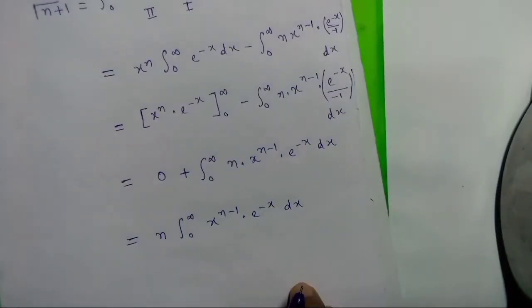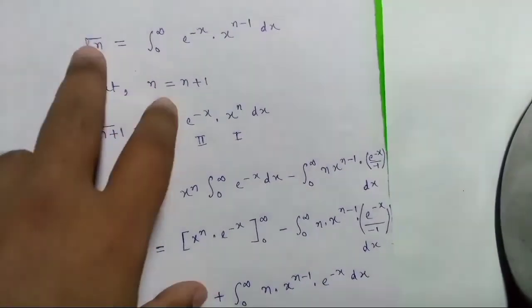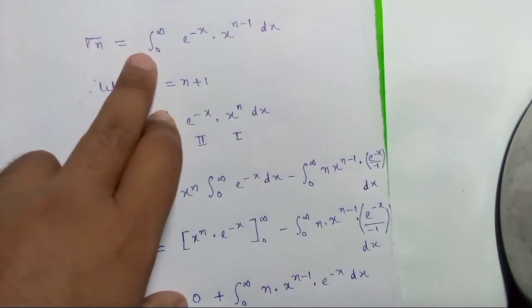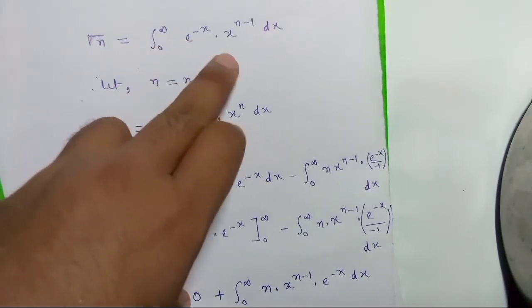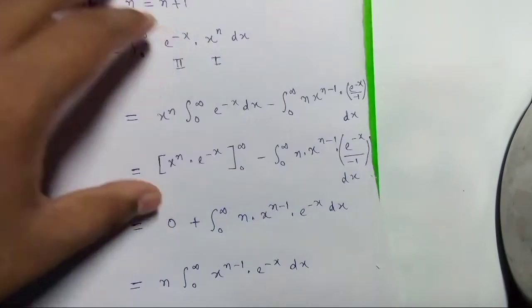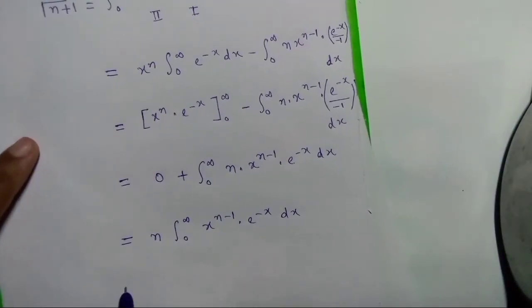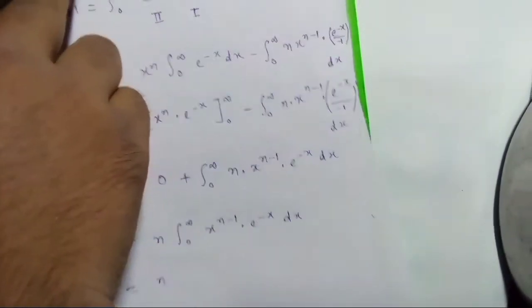Now here the definition comes in. Earlier we considered gamma of n equal to the integral from 0 to infinity of e to the power minus x, x to the power n minus 1 dx. This term will come here, so we put in this definition, gamma of n.